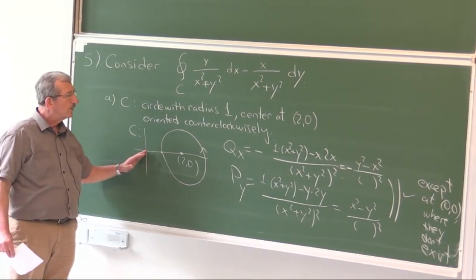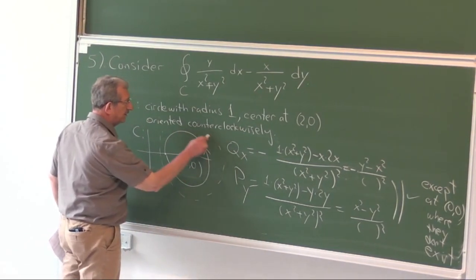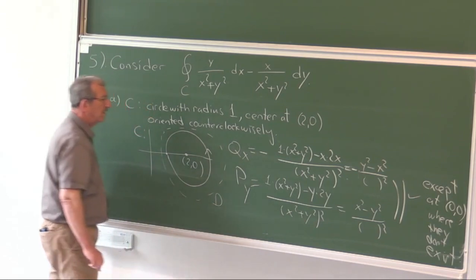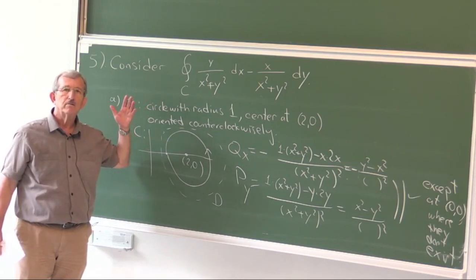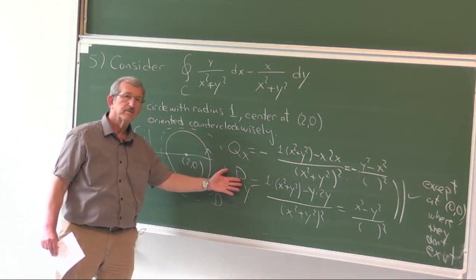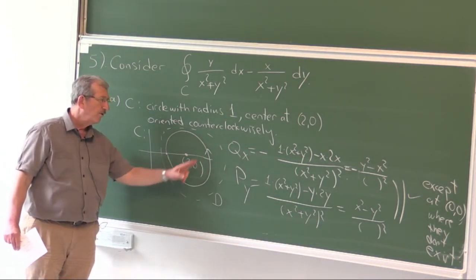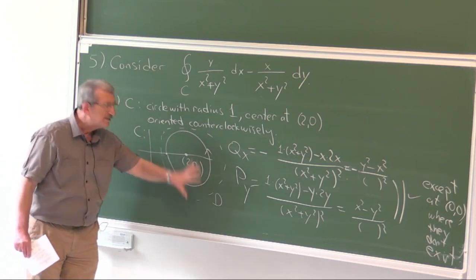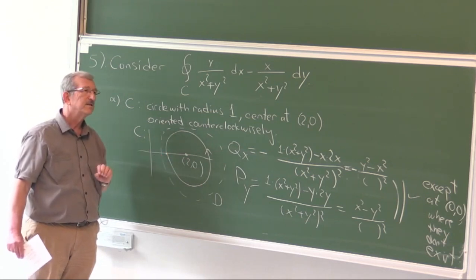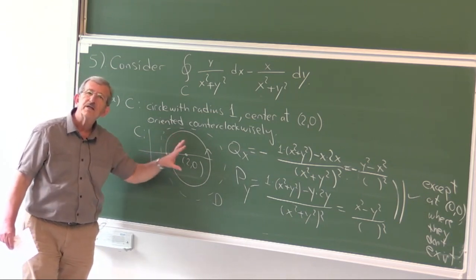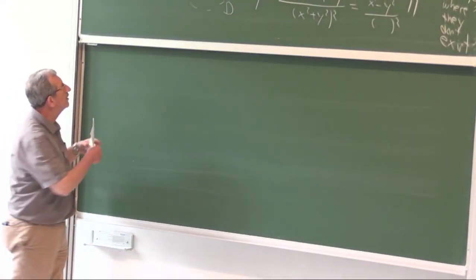In other words, if I choose some open domain like this, say some D, inside this D, P and Q have continuous partials everywhere, and they are equal. And this curve itself is in D, but also its interior is in D. So this says, at least as far as C is concerned, we can apply Green's theorem.